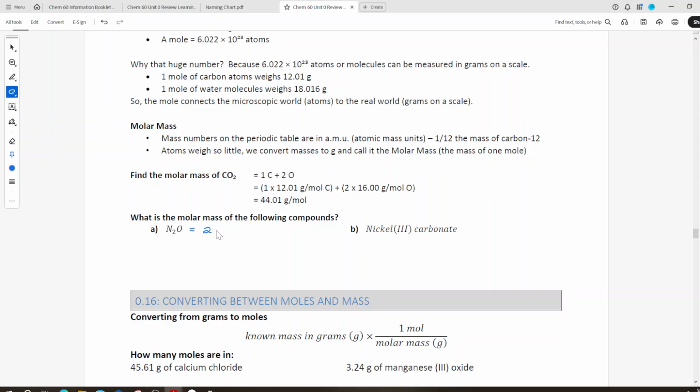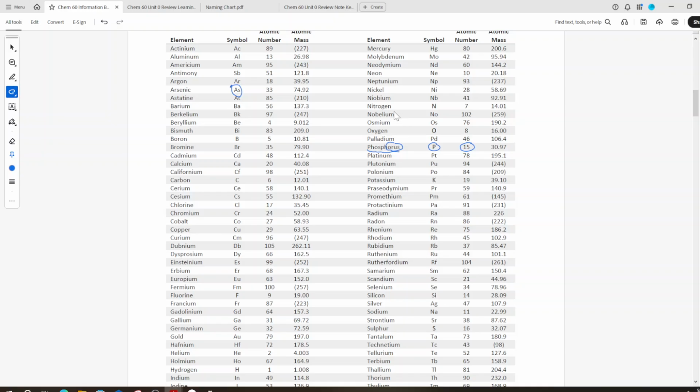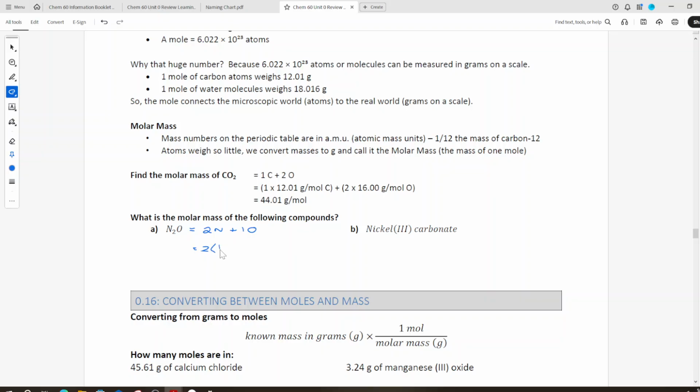You're going to have 2 nitrogens and 1 oxygen. Then we're going to look up nitrogen. I believe nitrogen is 14.01. Nitrogen, there it is, 14.01. So there's 2 of the 14.01s, and then there's the 1 of the oxygen, which is 16.